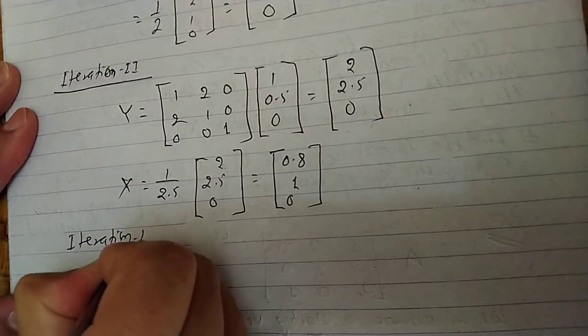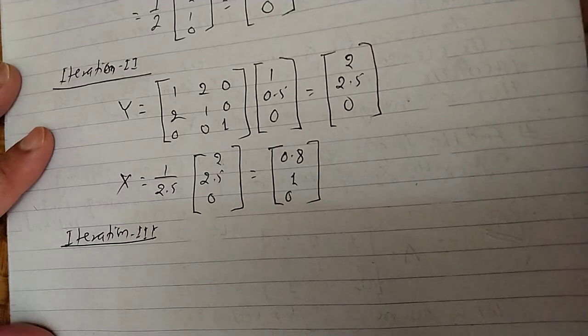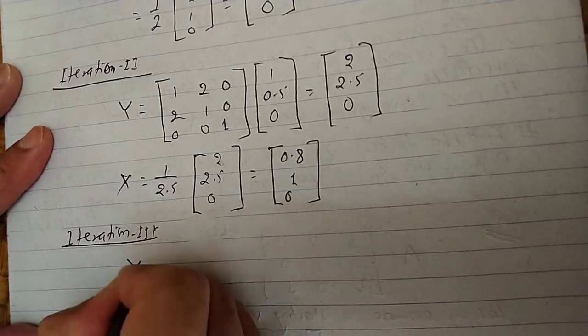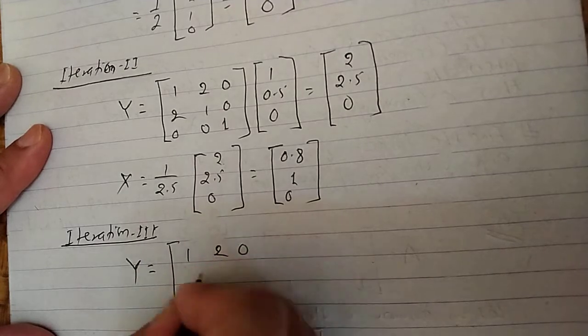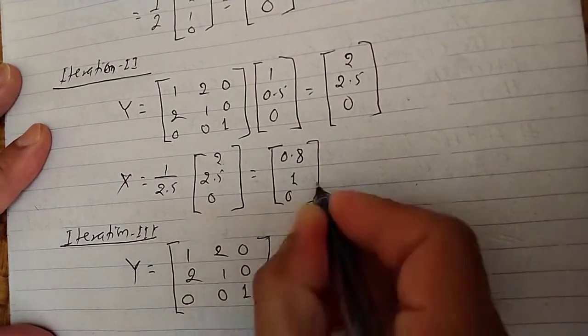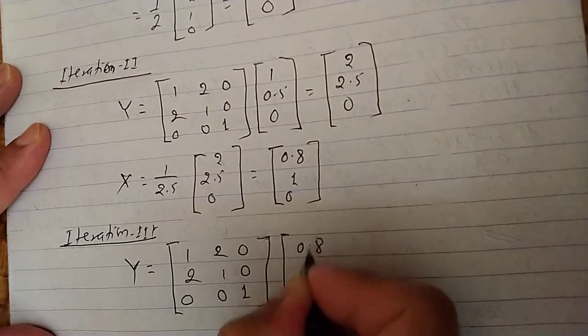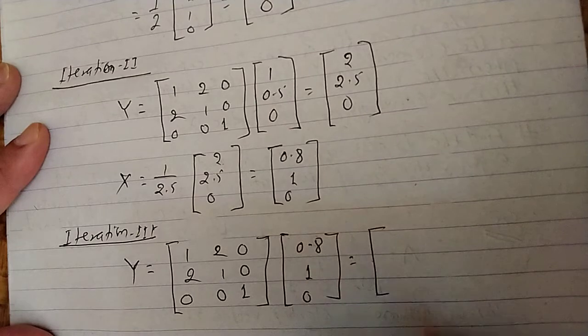Iteration number 3. So y equals to A into x. What is A? 1 2 0, 2 1 0, 0 0 1. You take the new value of x as 0.8, 1 and 0. So multiply it.